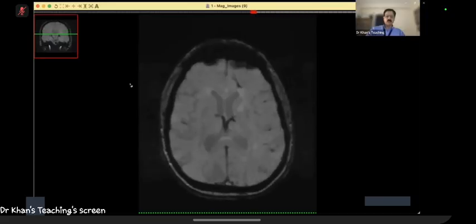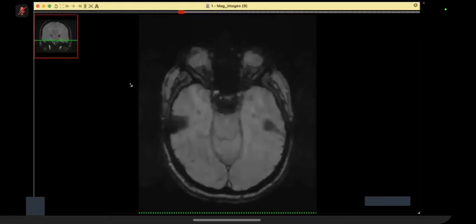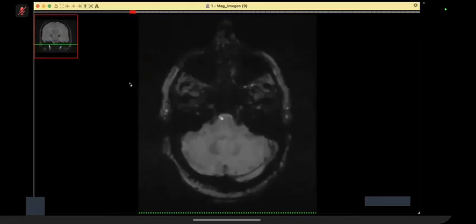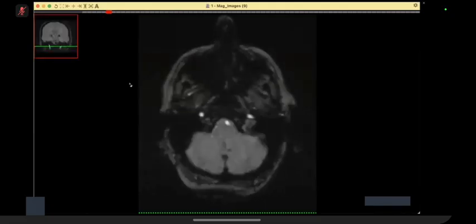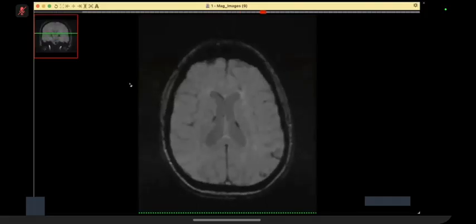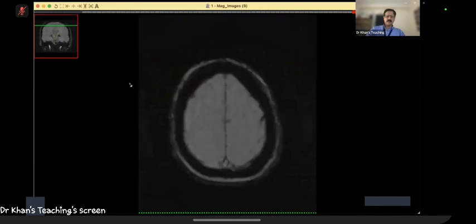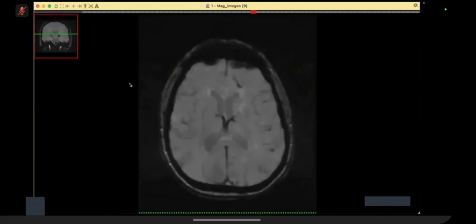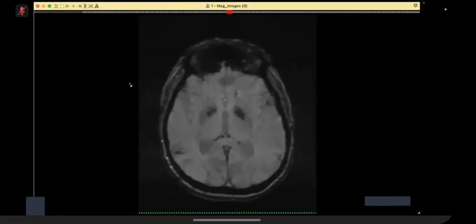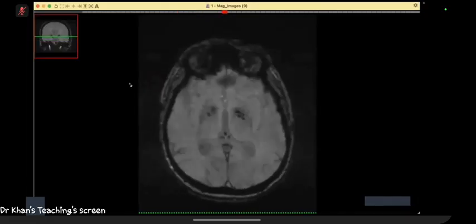Okay, let me scroll through it for you. Any finding? Yeah, I can see some of the vessels are showing mild susceptibility.